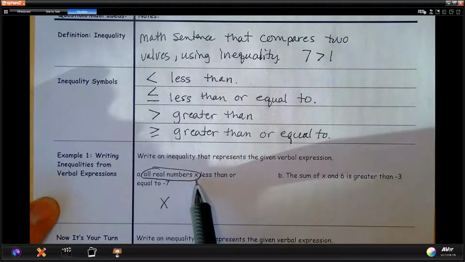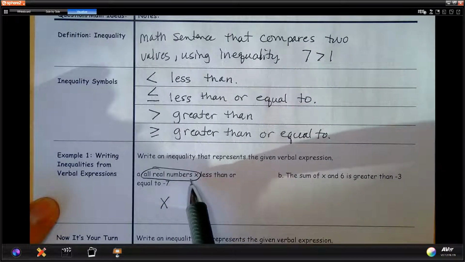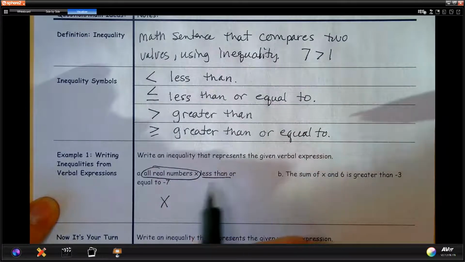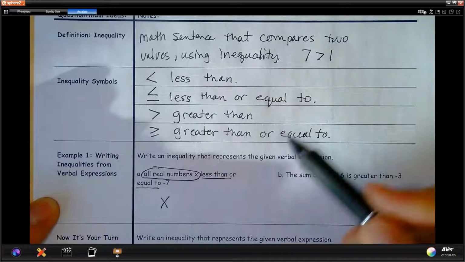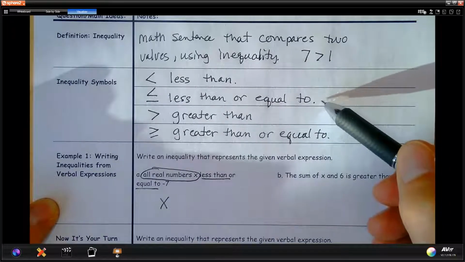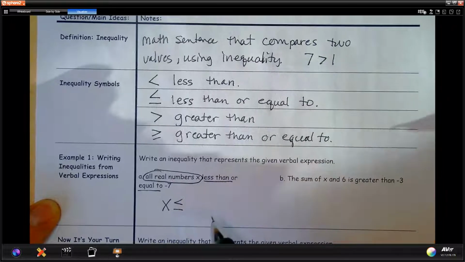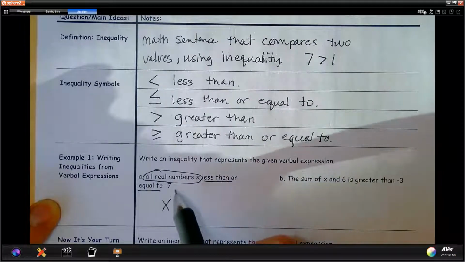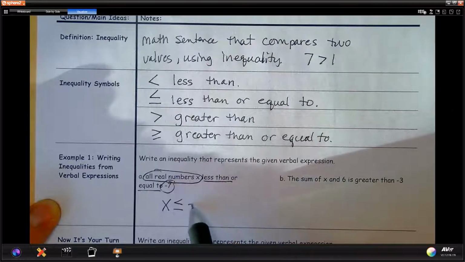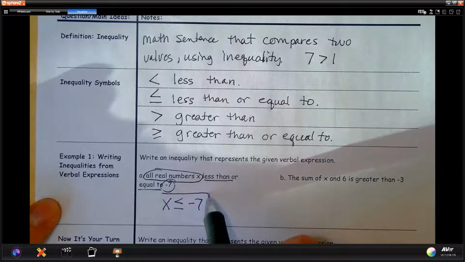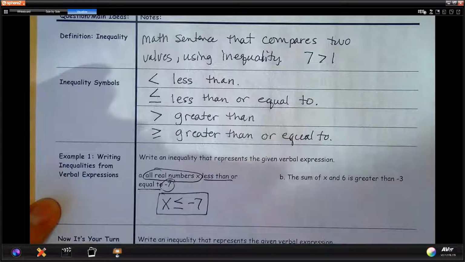All real numbers x is just some variable x that represents numbers. And what are they? They are less than or equal to. The less than or equal to symbol looks like this. So I just write less than or equal to. And what are they less than or equal to? -7. All real numbers x less than or equal to -7 translates into this inequality.